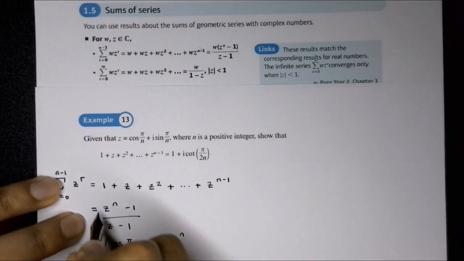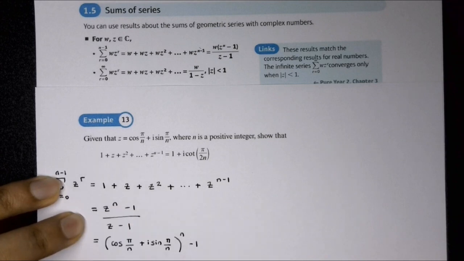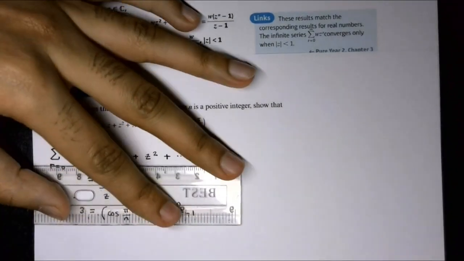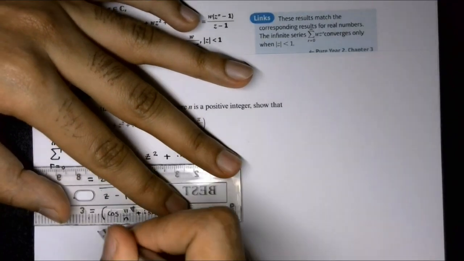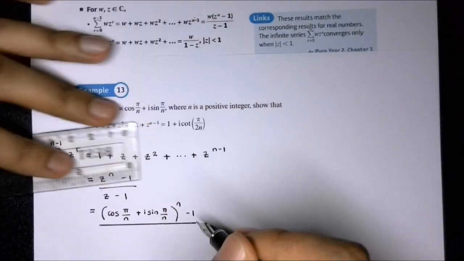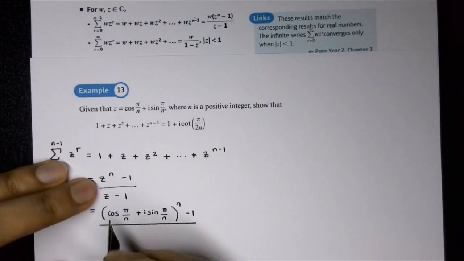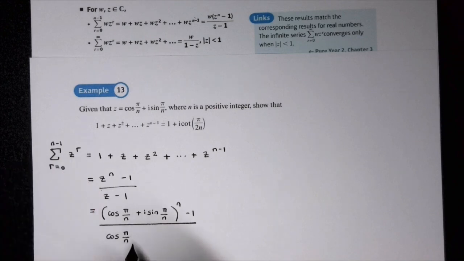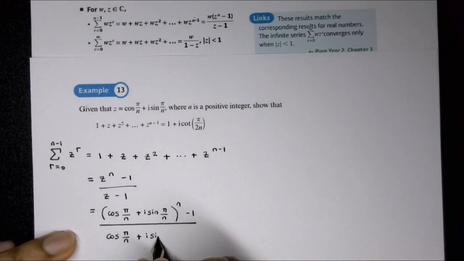We raise this to the power of n, we then subtract 1, and then all of this result we will divide by z, which is cos of pi over n plus i sine of pi over n.